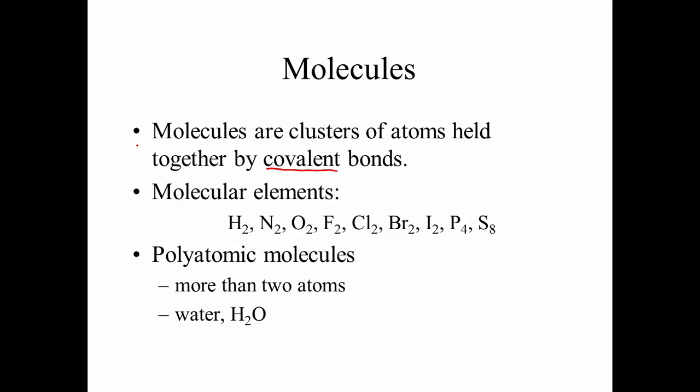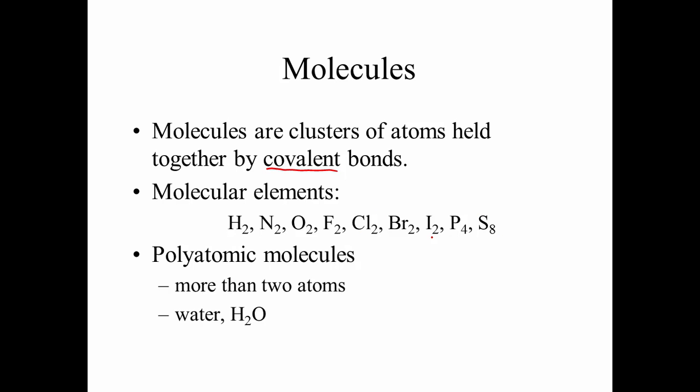Other chemical compounds, ionically bonded compounds, are not considered molecules. Some of the pure elements have molecular forms, hydrogen, nitrogen, oxygen, etc. In their normal state, they exist as discrete molecules rather than atoms or solids.